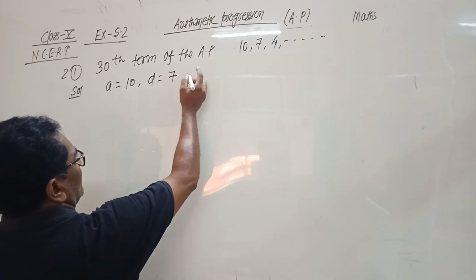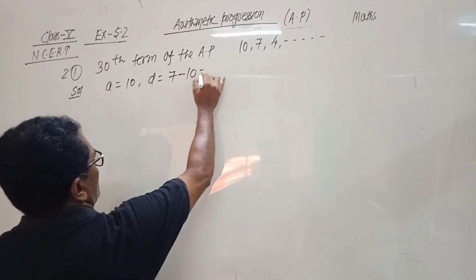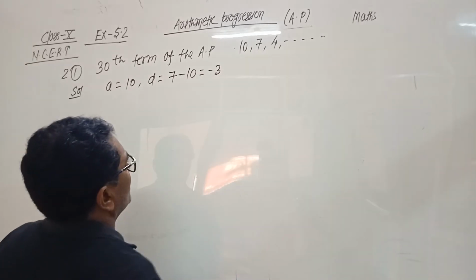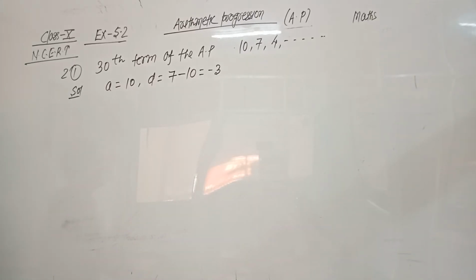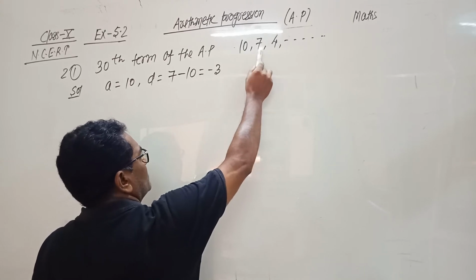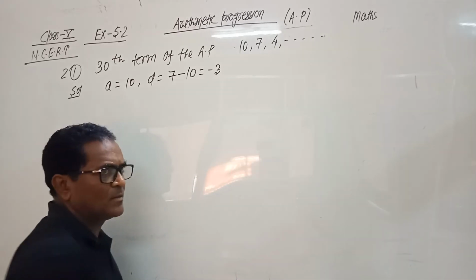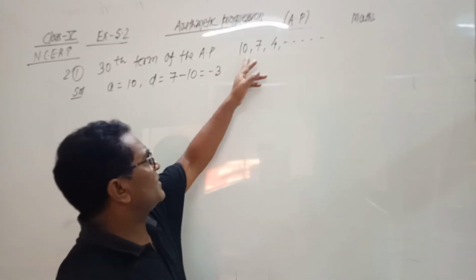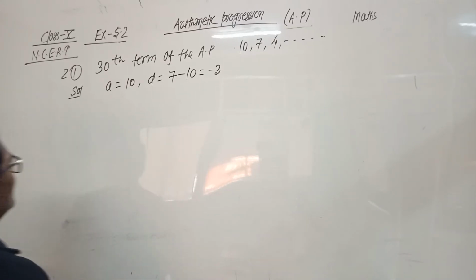So 7 minus 10, the common difference comes to be minus 3.